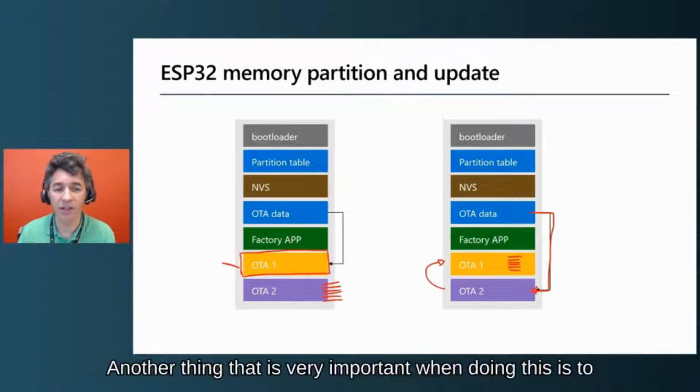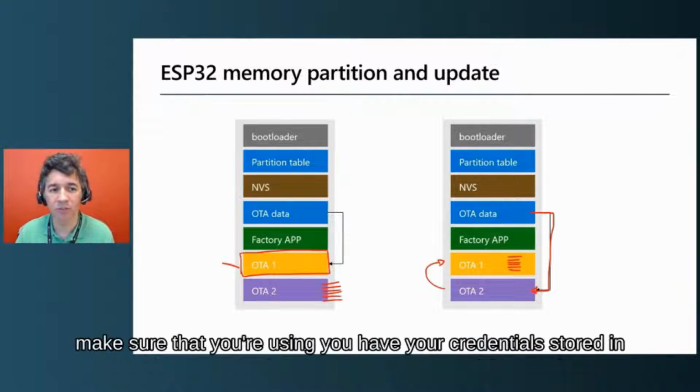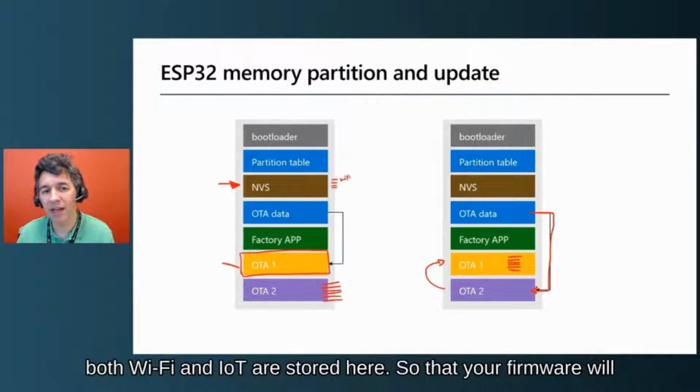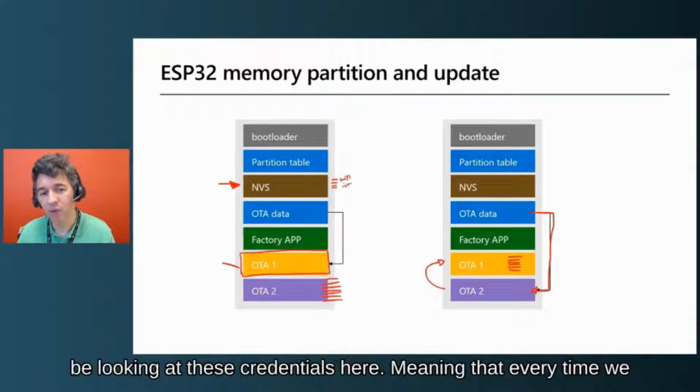Another thing that is very important when doing this is to make sure that you have your credentials stored in non-volatile storage, meaning that all of your credentials for both Wi-Fi and IoT are stored here, so that your firmware will be looking at these credentials.